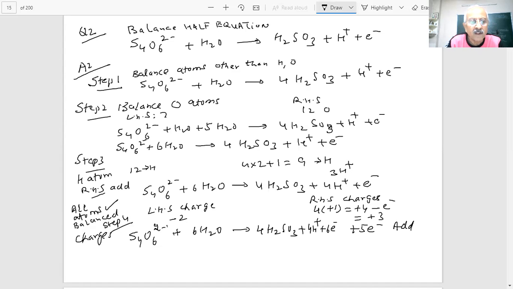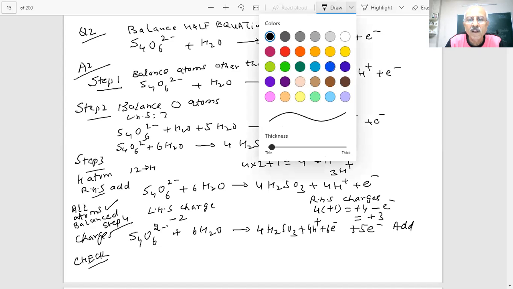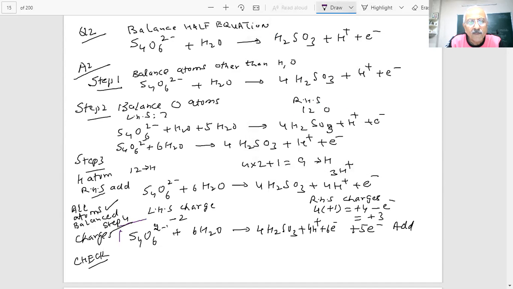Check. Final. Check it. Count the number of atoms, count the number of charges. If there is anything, tell me. Tell me, students, if you find anything. What is our answer?